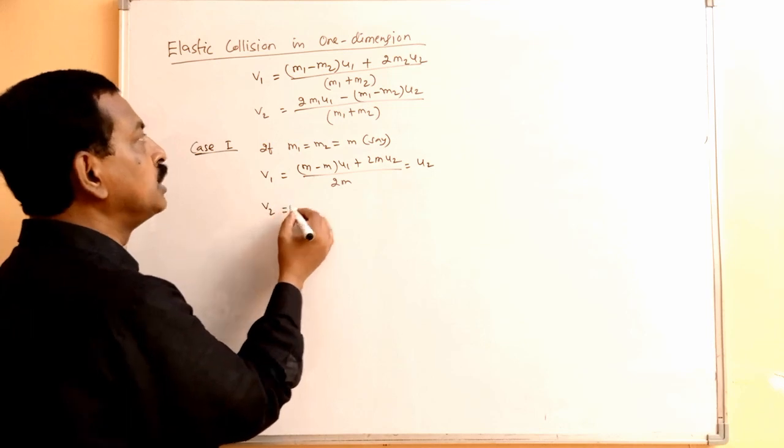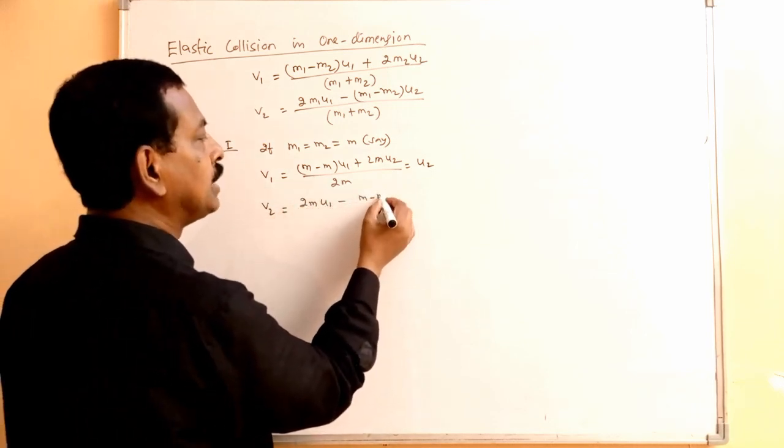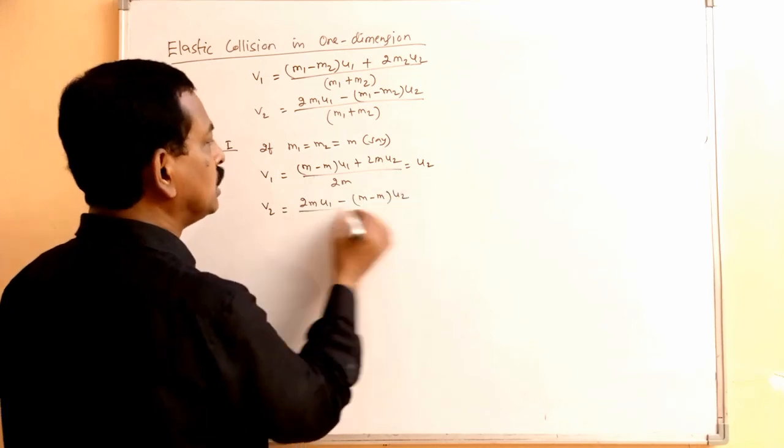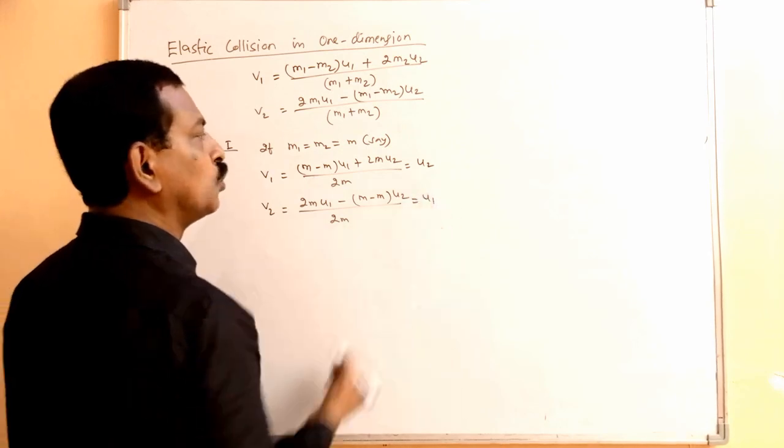And v2, if you put (2m u1 minus m u2 plus m u2) divided by 2m, this time you will get u1.